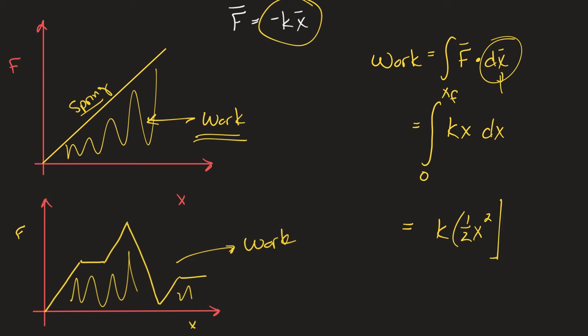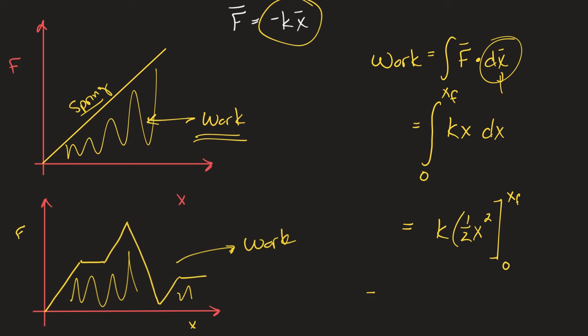Now that I've done that, I'm done with the symbology that tells me to do that. So I dispense with the little squiggly s and the dx. But I put a bracket here because I'm supposed to hang my limits here to remind me that I have a second step. Now, the second step is stupid easy.